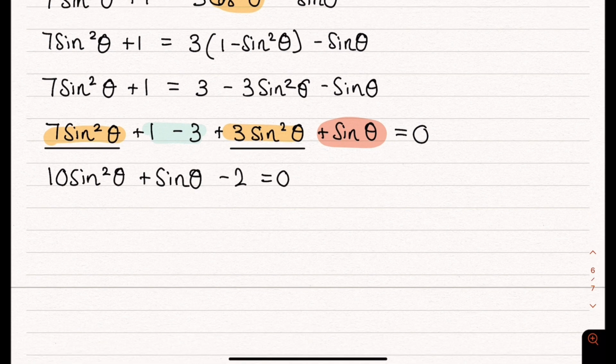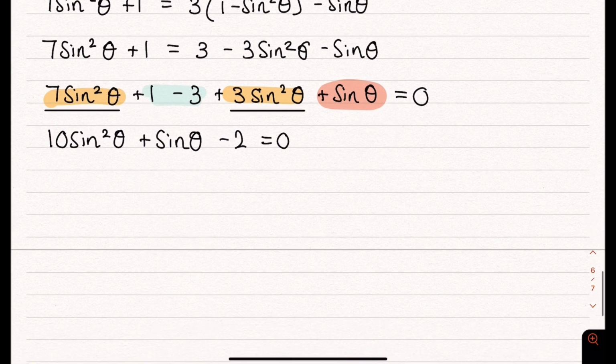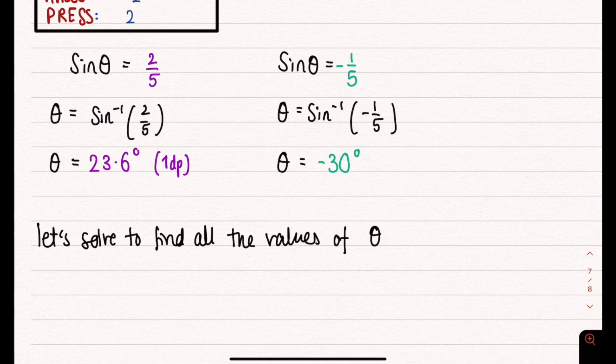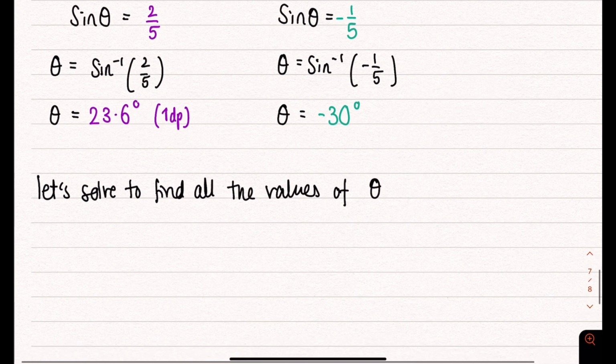So now we have something looking like a quadratic equation. So we can solve this to obtain what sine theta is equal to. We can do this either by using the quadratic formula or by using your calculator. If you use the quadratic formula, instead of finding x, you will find what sine theta is equal to.